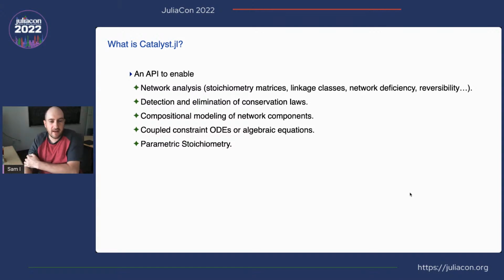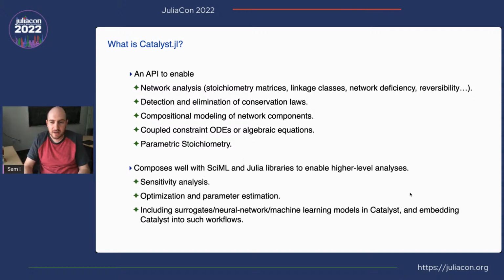And more recently, we've added the ability to have parametric stoichiometry, which lets us do things like have bursty chemical reactions. Catalyst also, by design, is meant to compose well with other Julia and SciML libraries so that you can use it to do sensitivity analysis of your network, or optimization, or parameter estimation, and also so you can incorporate other types of models into Catalyst, be it surrogate models or machine learning-based models, or plug Catalyst into those workflows itself.